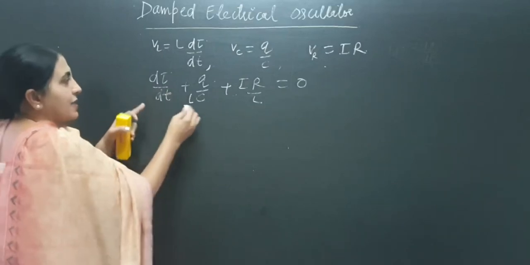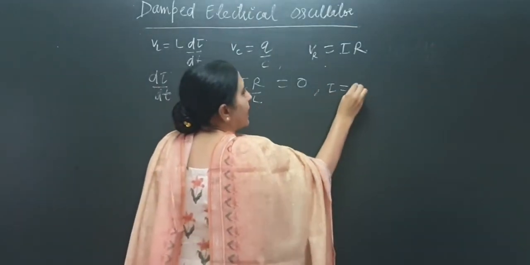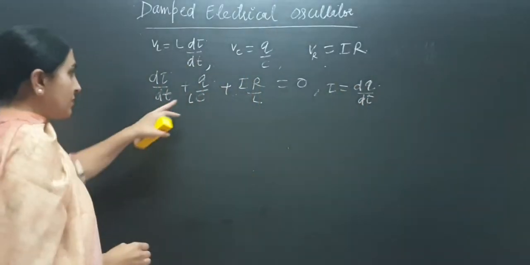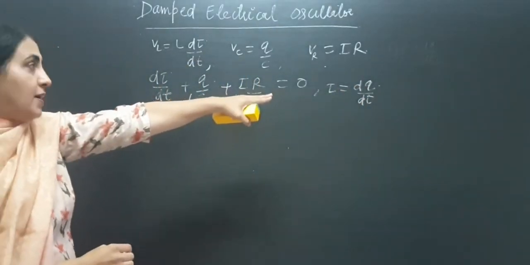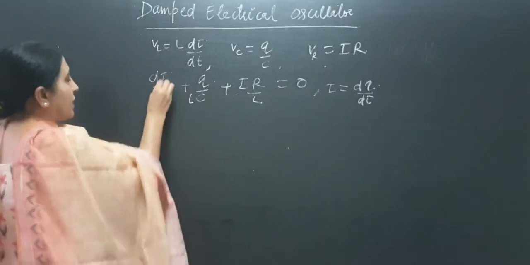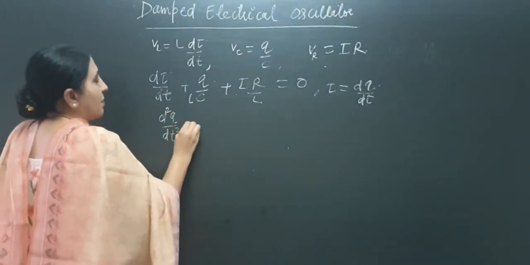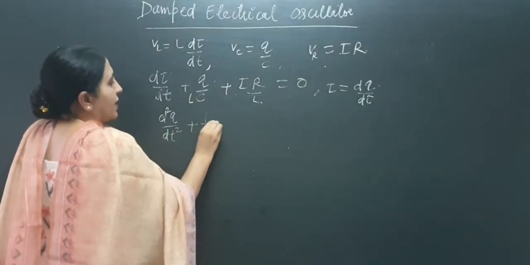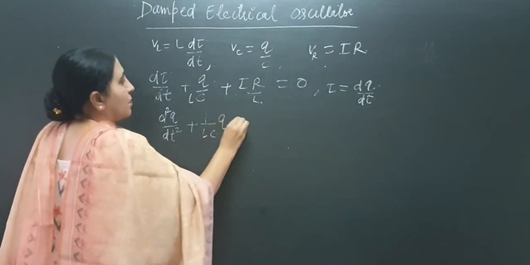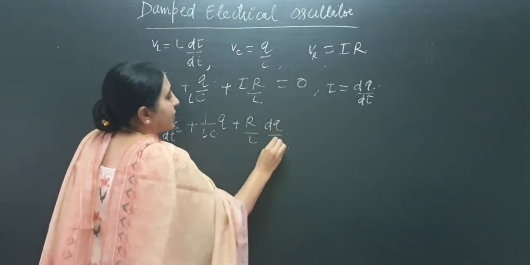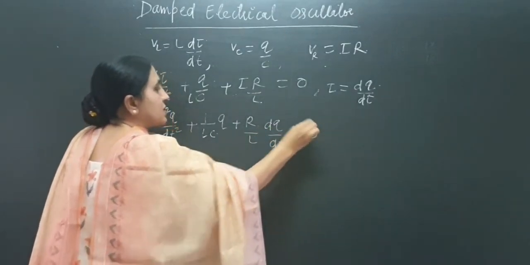Now we know I is equal to the derivative of Q with respect to t. So we have the double derivative of Q with respect to t, plus 1 over LC into Q, plus R over L into dQ by dt, equal to 0.